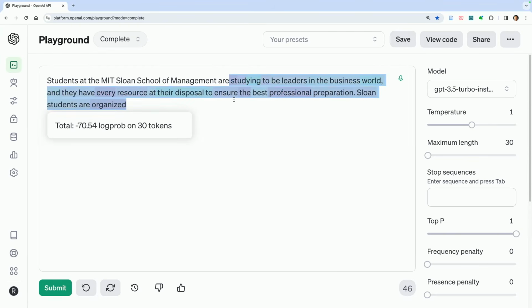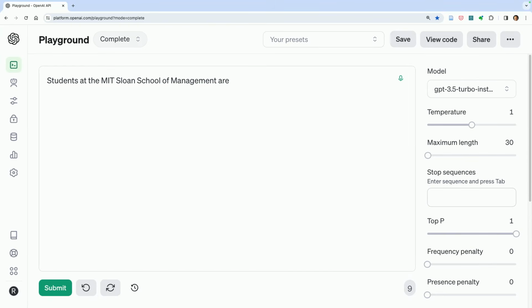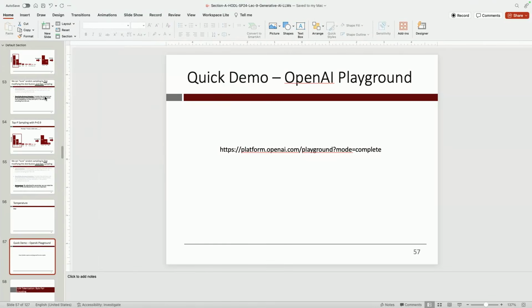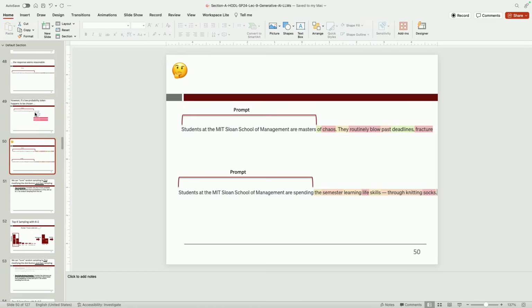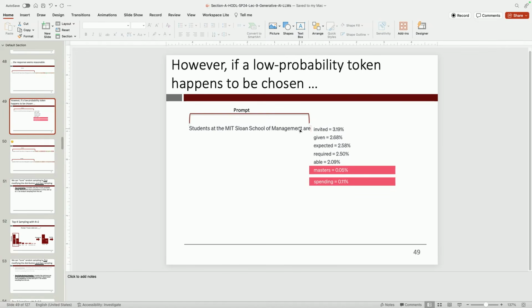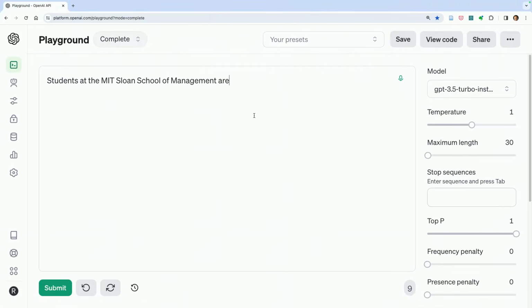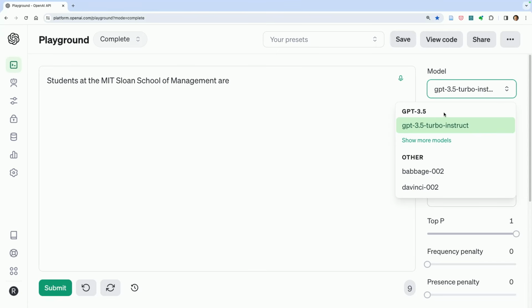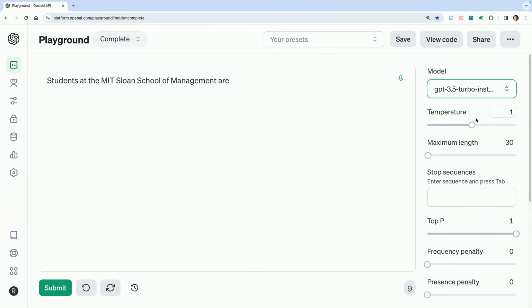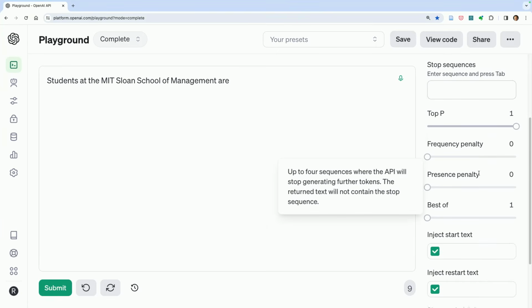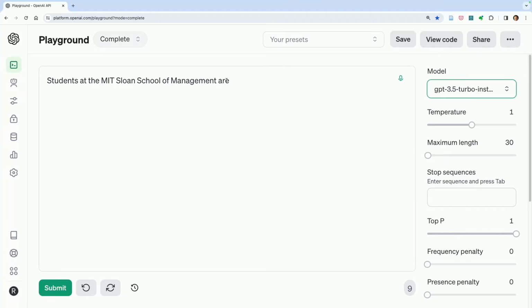So I'm going to nuke it again. I'm just going to check to make sure that I use the same sentence as before. It's very brittle. Students at MIT School of Management are, okay. Oh, I know what it is. GPT 3.5, okay. Okay, so let's try that again.